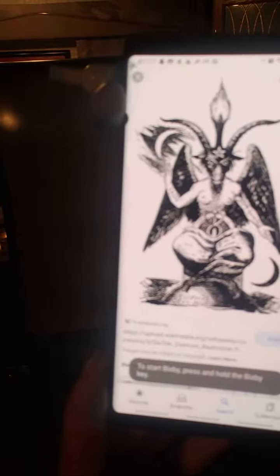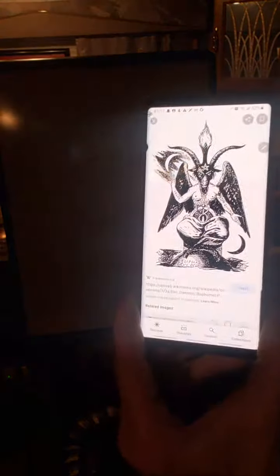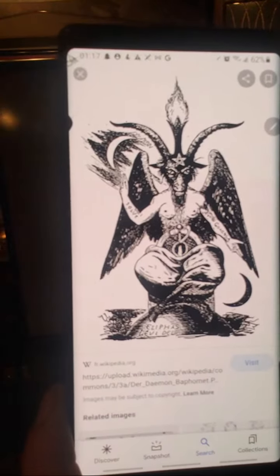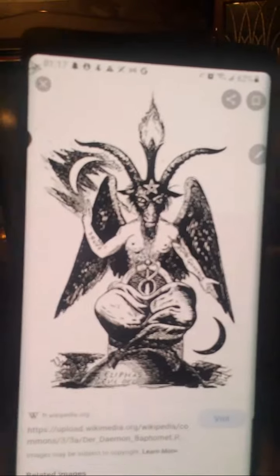Pay attention to how he's sitting. And then you got the horns at the top of the head. And you see how we're dealing with the light and the dark. We're dealing with the reflections.